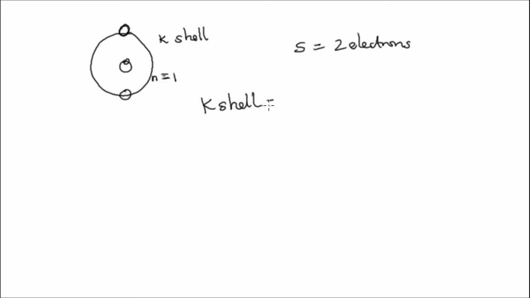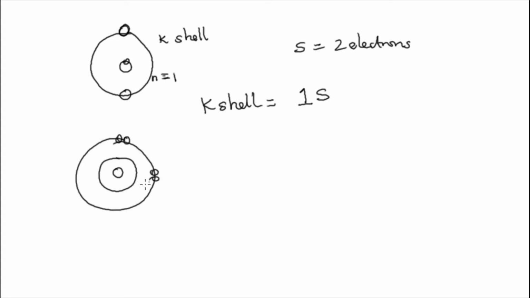If you look at it closely, it means K shell is on energy level 1 and can only hold 2 electrons. Then it holds just the s orbital, and that means it's just 1s. L shell can hold 8 electrons.